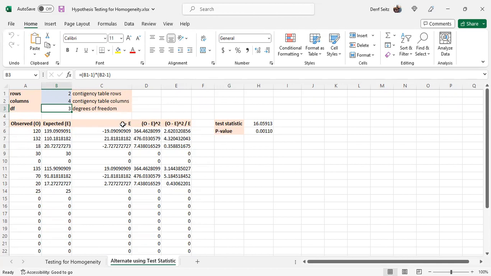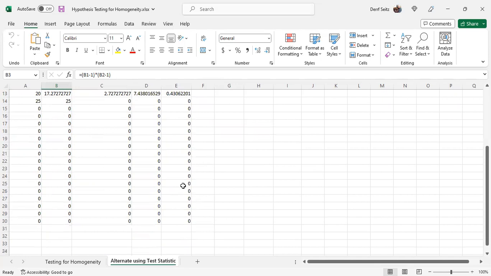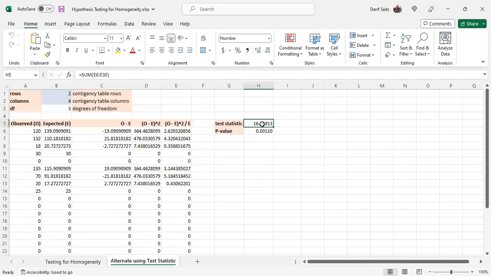First, the difference between the observed and expected for each row here, then the square of that in this column, and then that square divided by the expected value in this last column, and the sum of this last column is the test statistic.